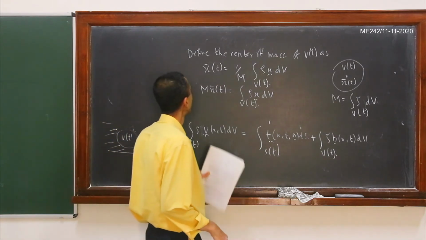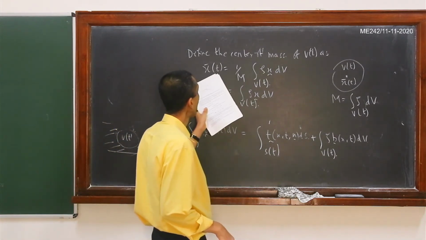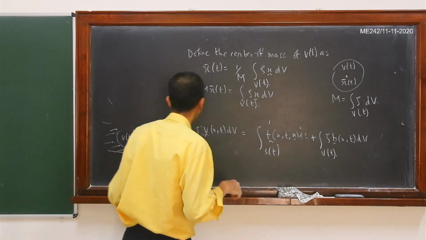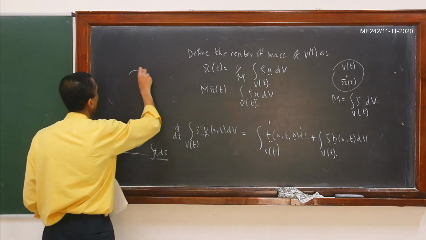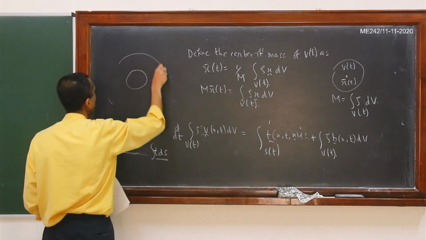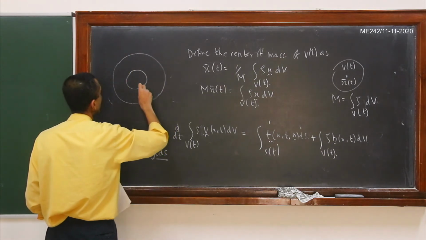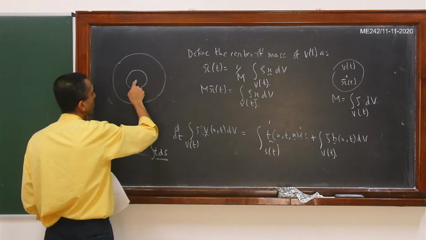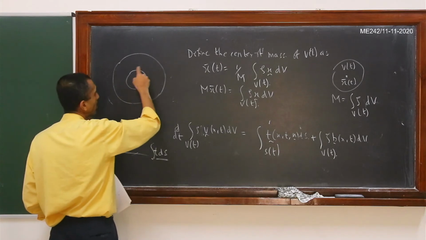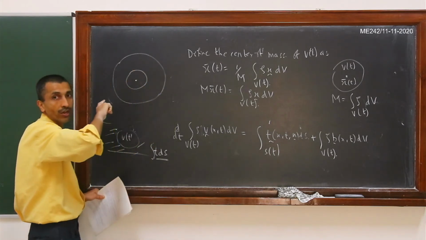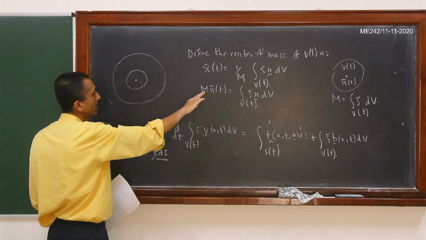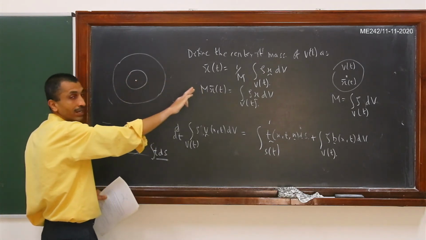Another thing to remember is that this x bar need not be a physical point on the body. For example, if you took a hollow circular disc which was stationary, the center of mass would lie at the center, but that is not a part of the disc; there is no physical point there. So the center of mass is more like a mathematical concept.